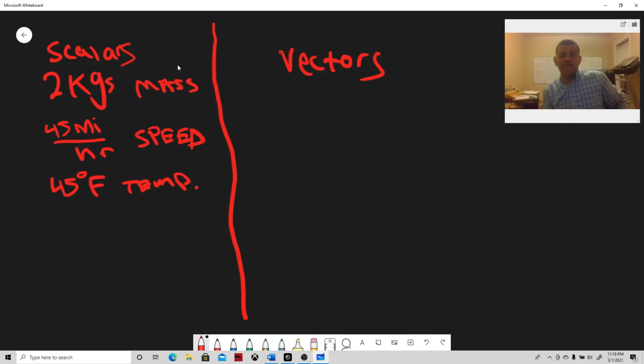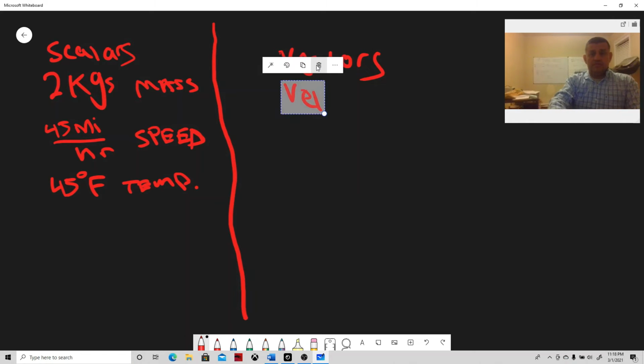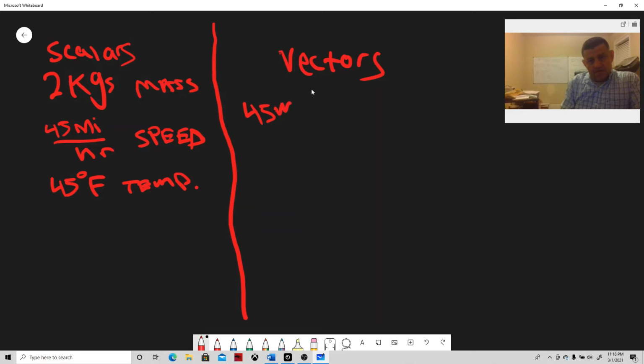So what are vectors? Just a few examples. A vector has to have quantities and directions. For example, velocity. If I said 45 miles per hour north, that will be velocity.